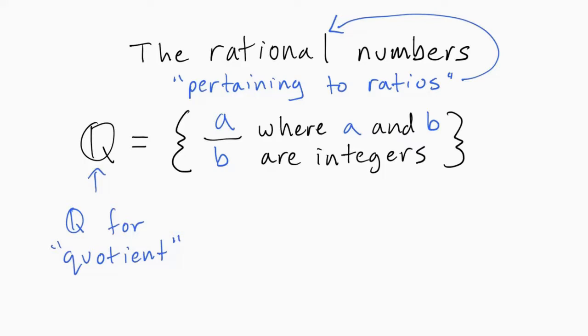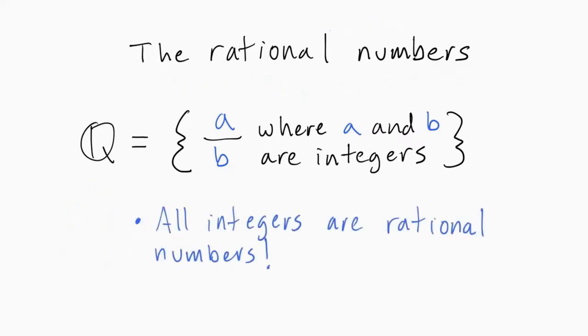Up until now, it's been obvious every time we added numbers to our system that we kept all the ones that were there before. But the rational numbers look pretty different as a set than the integers, so we should take a moment to note that all integers are rational numbers. An integer is just a rational number where the denominator, b, is 1. For example, 5 is the same as 5 over 1. All integers are rational numbers.